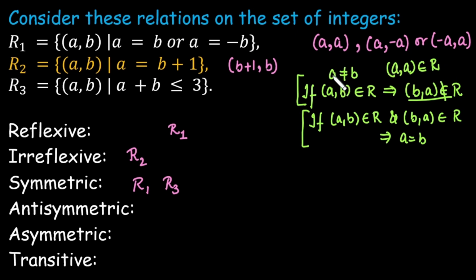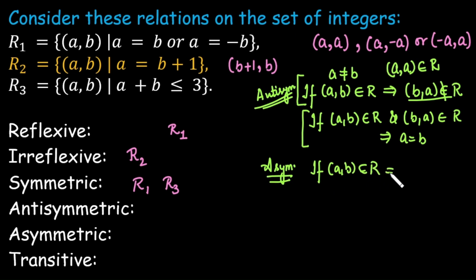We just need to figure out when A is not equal to B and (A, B) is a part of the relation, the reverse should not be there for antisymmetry. But in the case of asymmetric, this is different from antisymmetric. It says that if (A, B) is a part of a relation, then the reverse should not be there.